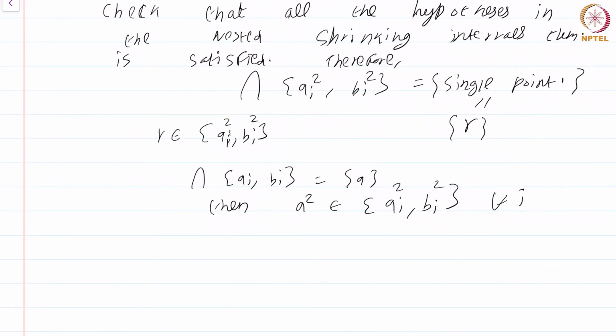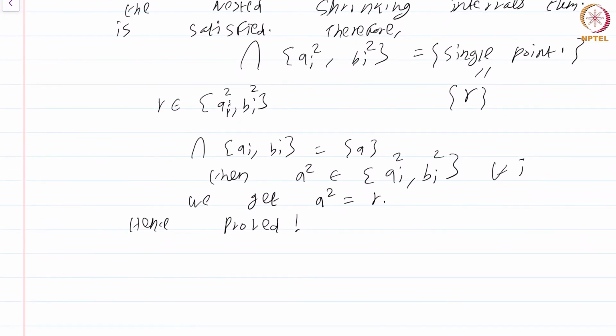Putting all this together, we get a² has got to be equal to r, right? Hence proved. So we have found a square root for this number r. Just one more thing, we have to check uniqueness. Uniqueness is easy. I leave it to you.